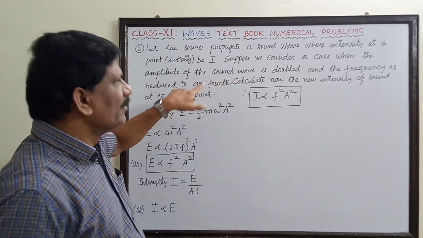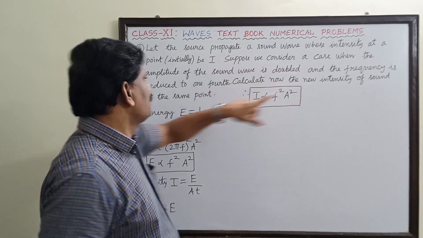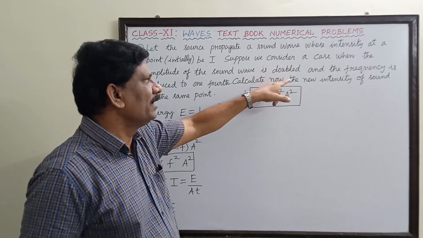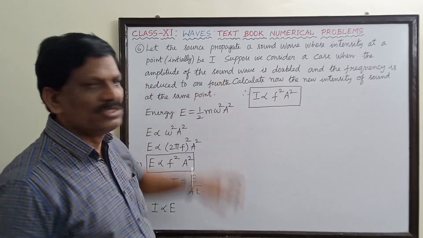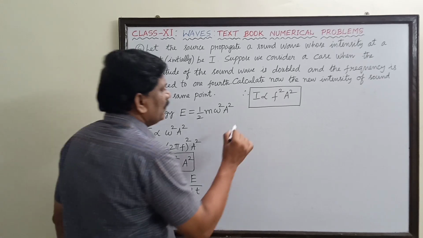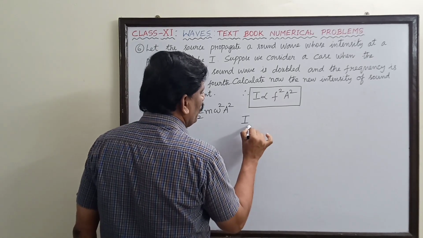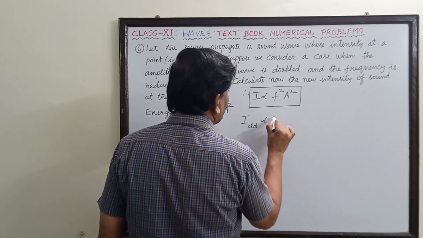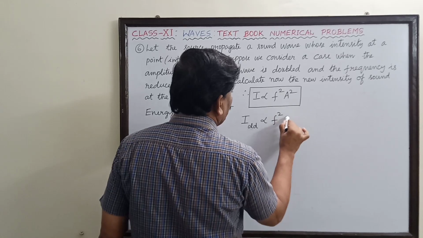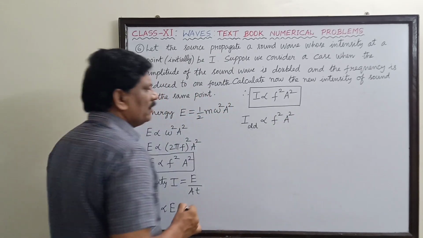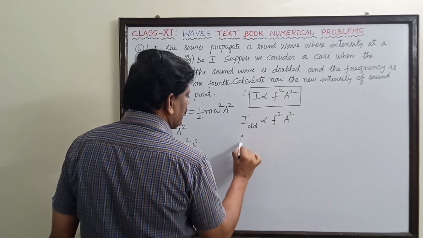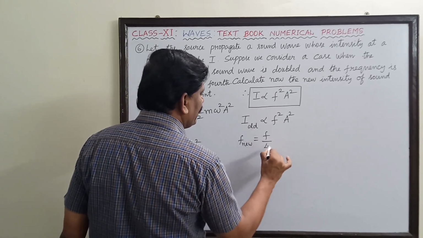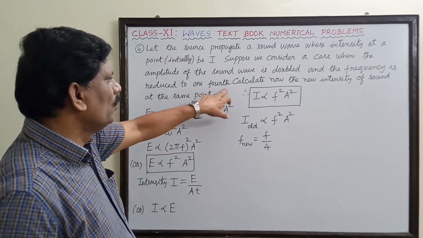So here what is given: suppose we consider a case where the amplitude of the sound wave is doubled and the frequency is reduced to 1/4. The initial, the old intensity, is proportional to f square into a square. Now the new frequency is equal to the original frequency divided by 4, since they have given reduced to 1/4.